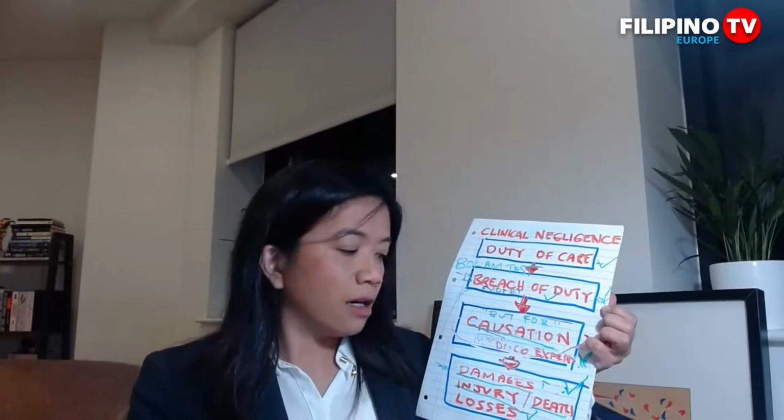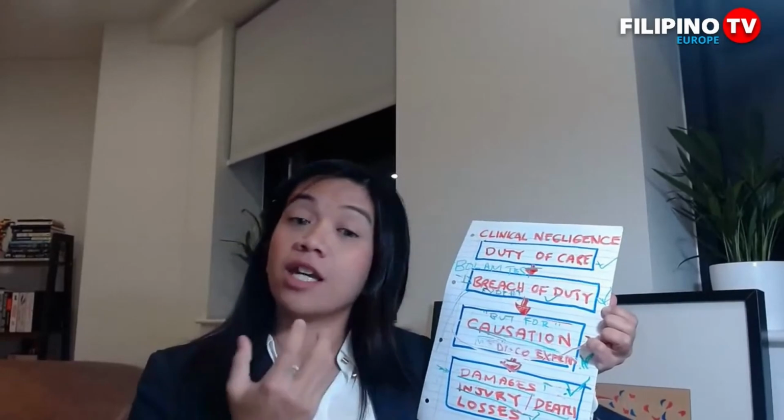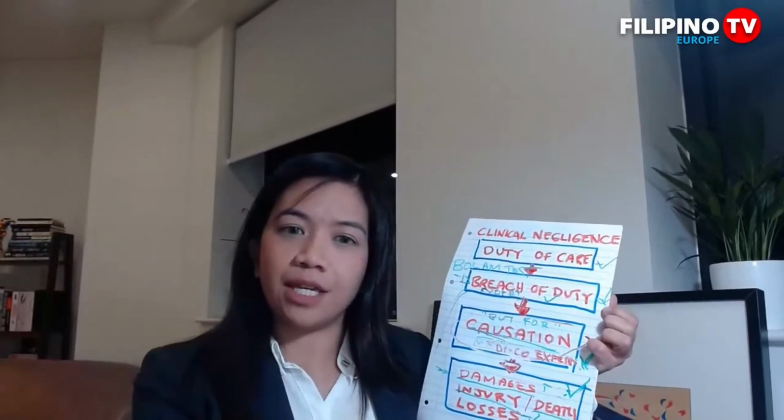And I had a case like that. A loss of an eye. It was settled in the end, but we had to look at, because he can't do the same job anymore, if the negligence did not happen, my client would have earned this, but now he can't earn that, so we're claiming that from the other side.